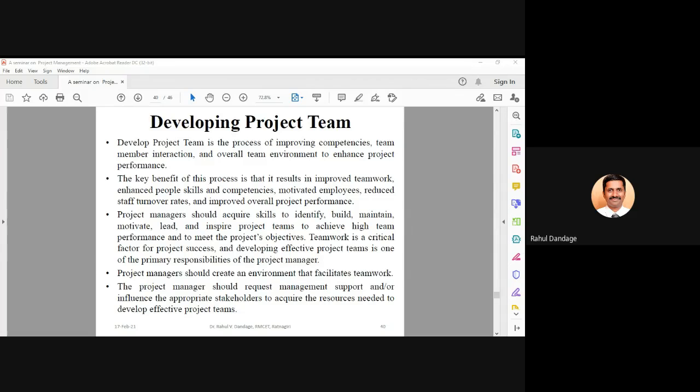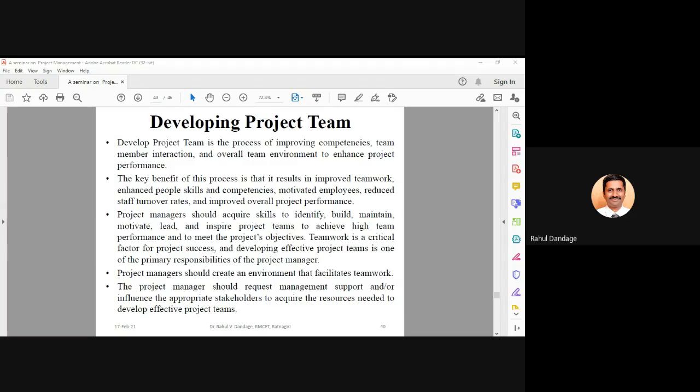Simply forming a project team is not important, but also we should make specific efforts to develop the project team so as to have the members of your project team suitable, appropriate, and technically eligible for carrying out the various activities involved in your project. So there needs to be a structured methodology using which we can develop the project team.